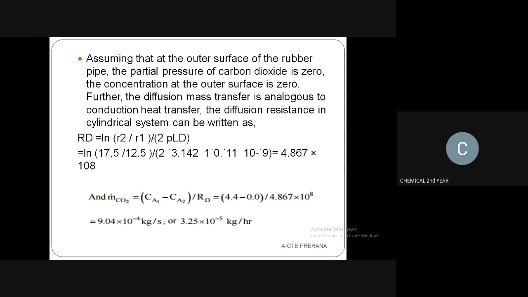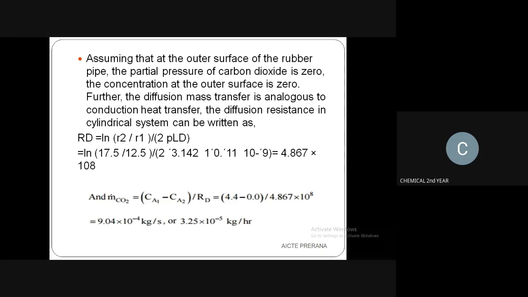That is missed in this question. So just note it down that R2 and R1 are the radii of the pipe, and 17.5 is the R2, and 12.5 is the R1. You can use this for finding the diffusion resistance.